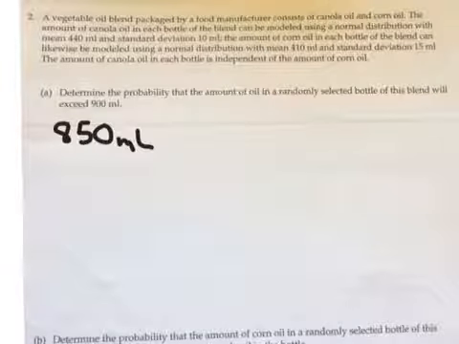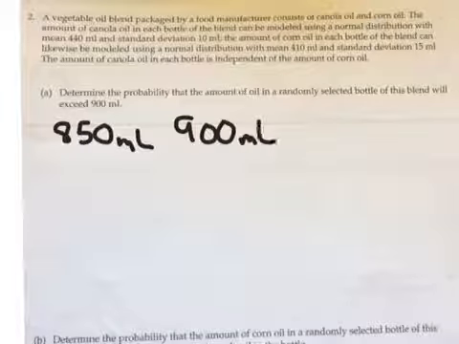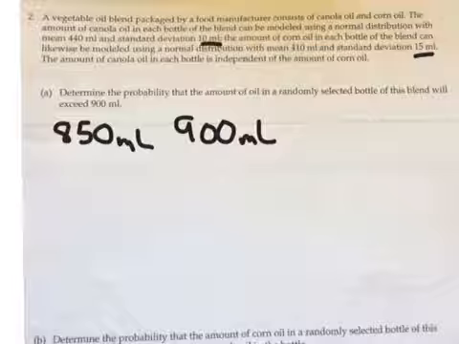But we're going to test for 900 milliliter. Okay, now this is going to be a z-score problem. Now what's going to be the new standard deviation? Well, we're adding these two amounts. So when we do that, how do we do it?